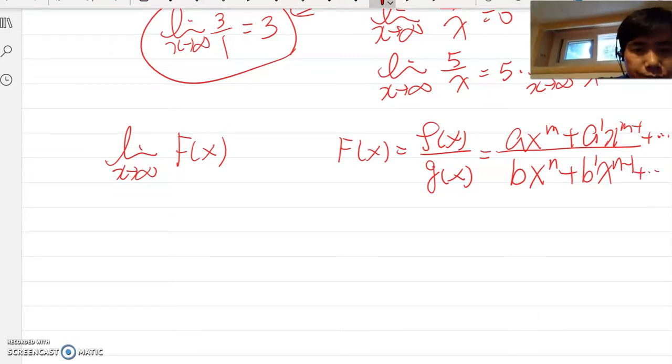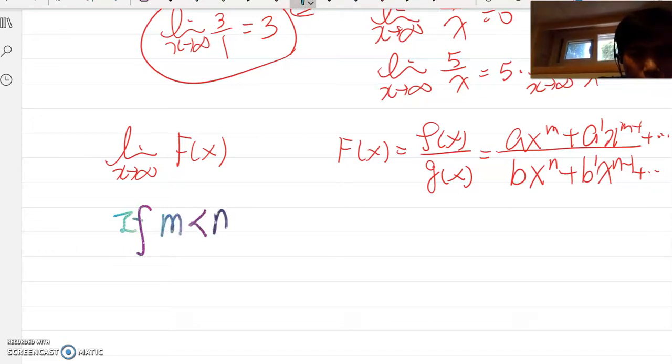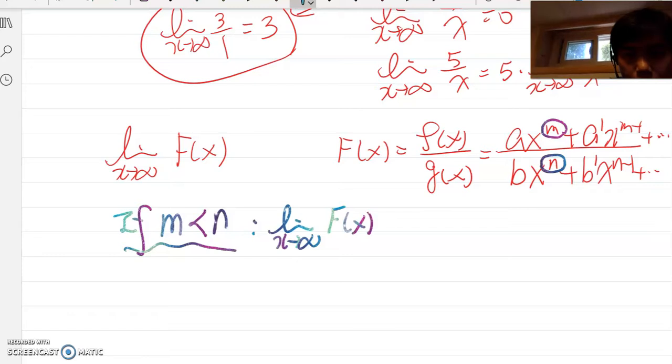And here, if m is less than n, which means the denominator degree is bigger than the numerator's, then the limit as x moves to infinity of f(x) must be equal to 0, because it turns into a number times 1 over x to the n power term.